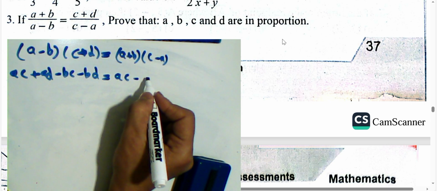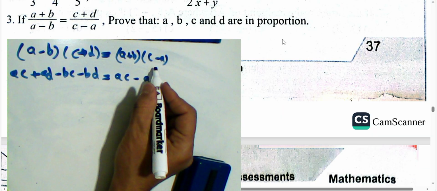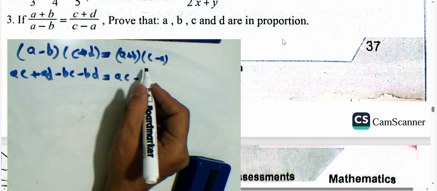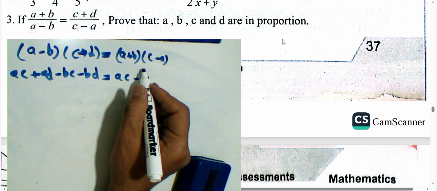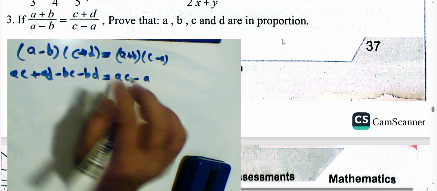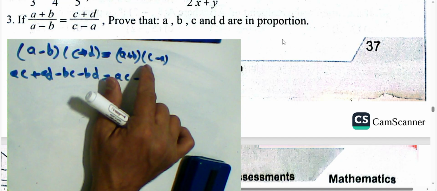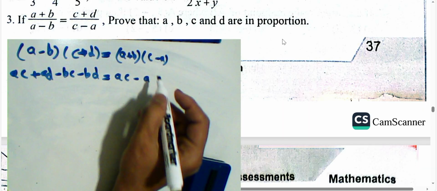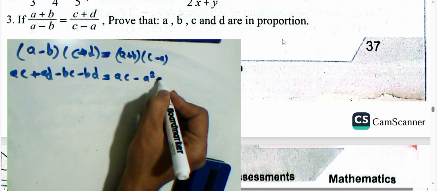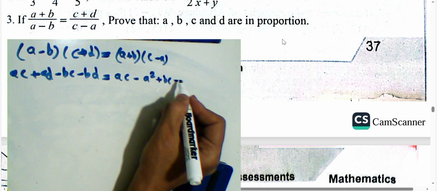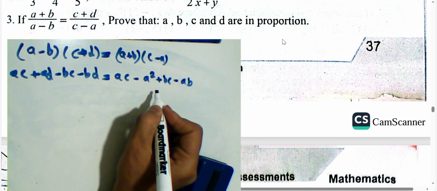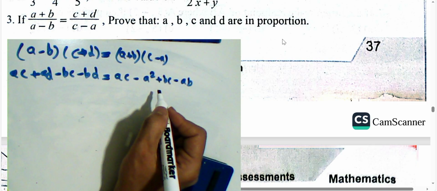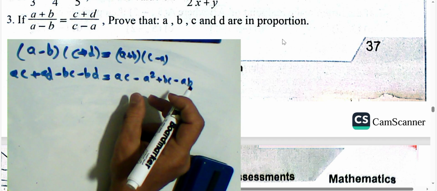A times negative D, it will be negative AD. We can cancel again.